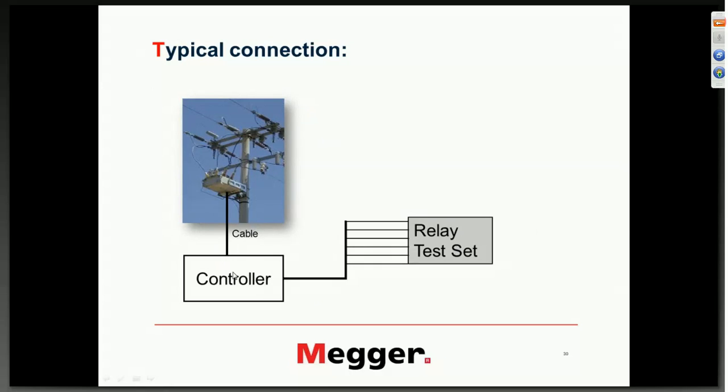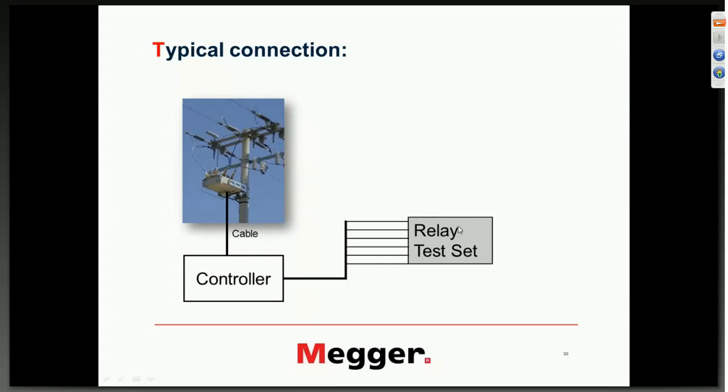Typically, when you're testing this, you'll be testing the controller, not explicitly the auto recloser. To test the controller, you take that cable and remodel it so that you distinguish the CT connections, your PT connections, your trip circuit contacts, your closed circuit contacts, and everything that goes into the relay test set.